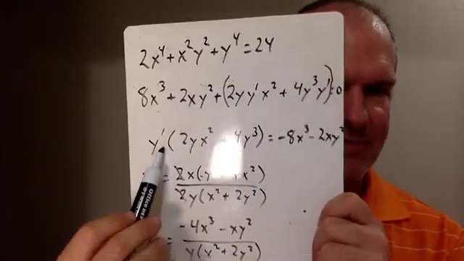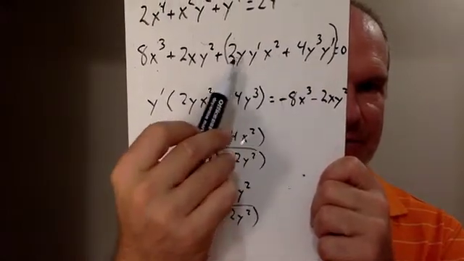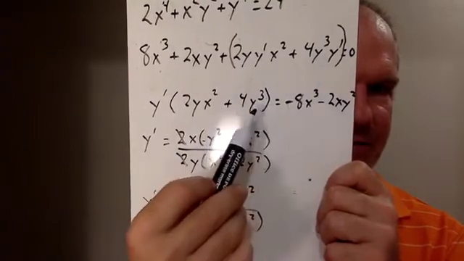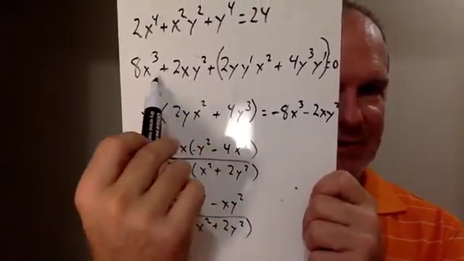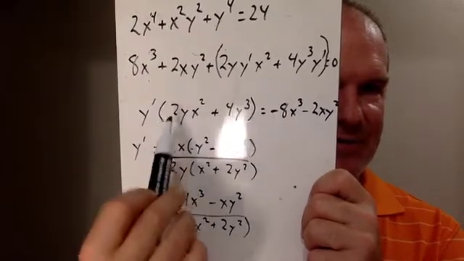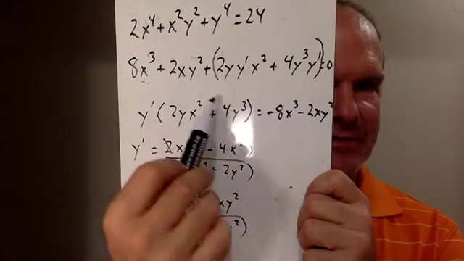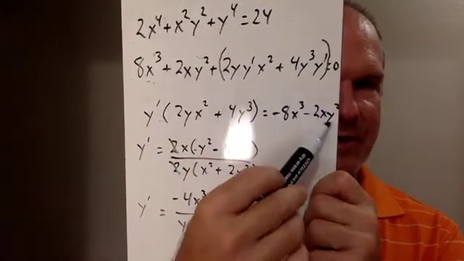That's what this is. And then what's left is 2yx squared in the first one. That's this. And what's left over here is just a 4y to the third. That's this. And then these 2 terms, we could just subtract them to the other side, because eventually we want y prime all by itself. So let's just get rid of these. Let's subtract the 8x cubed to the other side, and let's subtract the 2xy squared to the other side. So that's where that comes from.